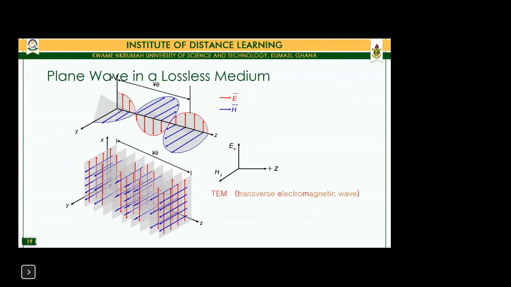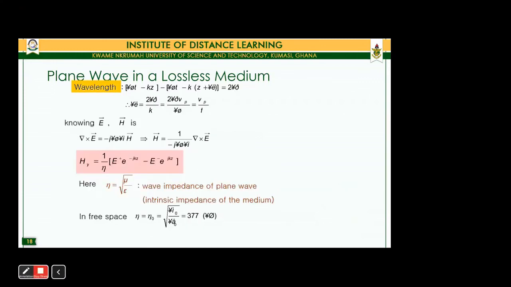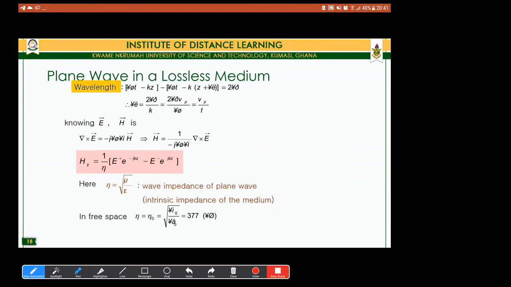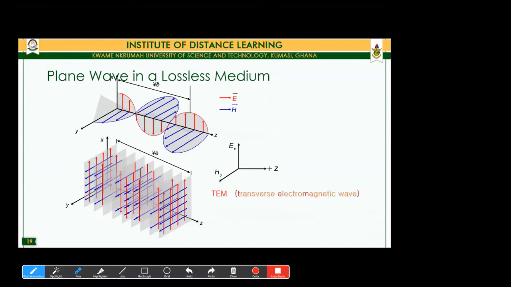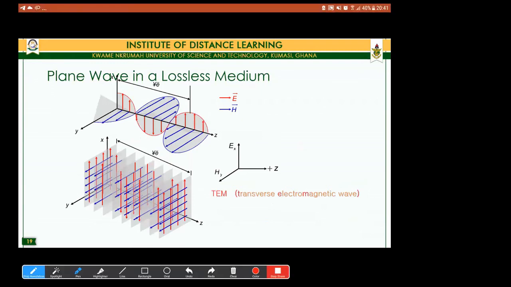So now you have it. This is how the plane wave propagates. So you have two components, the E component and the H component, and they are at right angles to each other, all traveling in a particular direction.